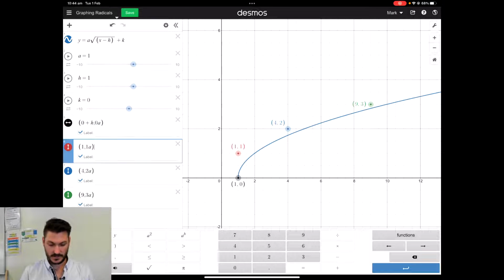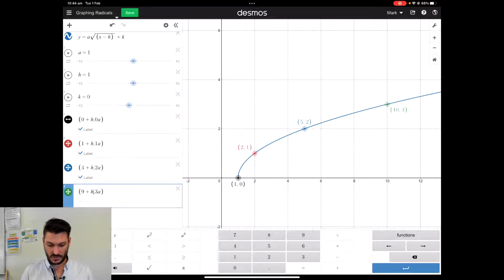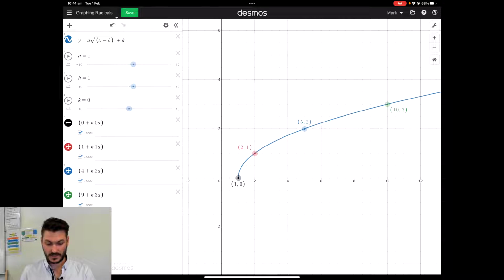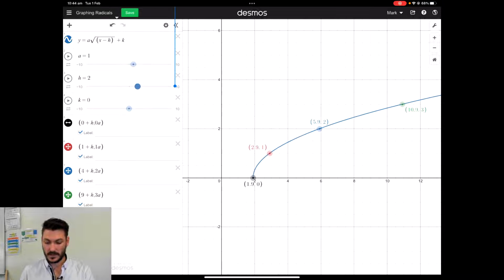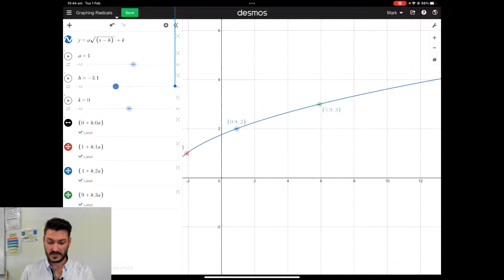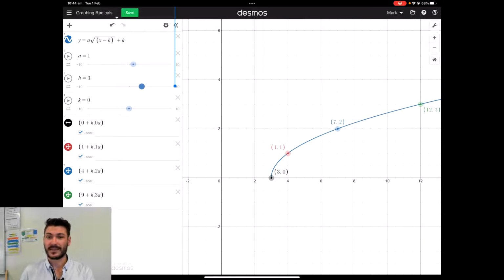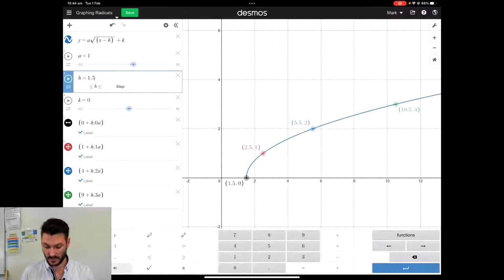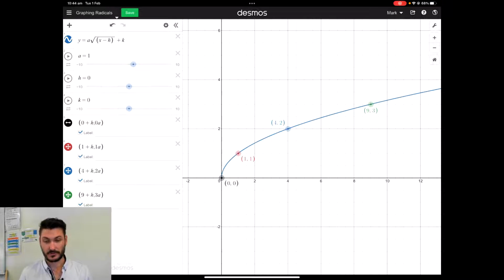So plus h here, 1 plus h, 4 plus h, 9 plus h. Now, if I start shifting my h variable, all of those points are staying with it because the x value of all those points is with respect to whatever h ends up being. I'm going to put it back at 0 so we have our original function.